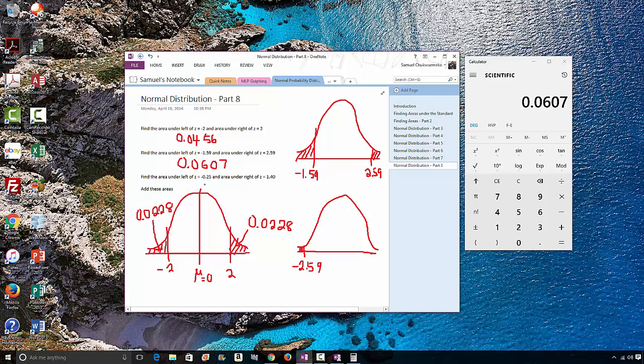So here, the third one, what do we do? We just find negative 0.25, and we also find negative 1.40, and we add it up.